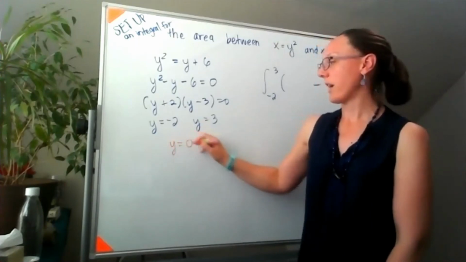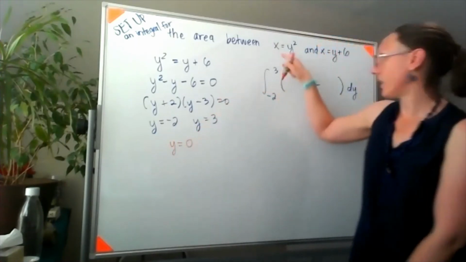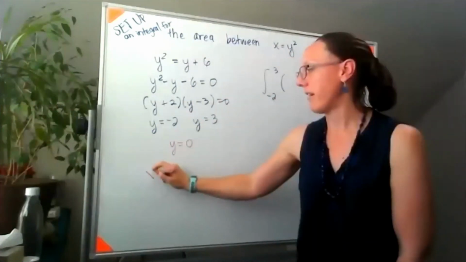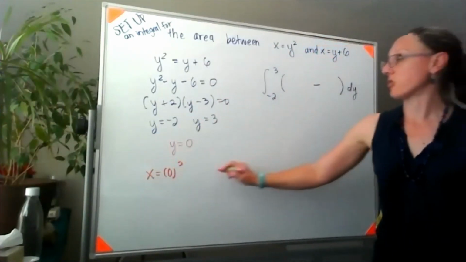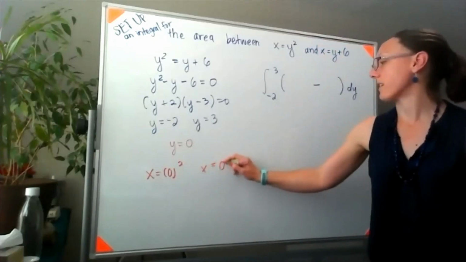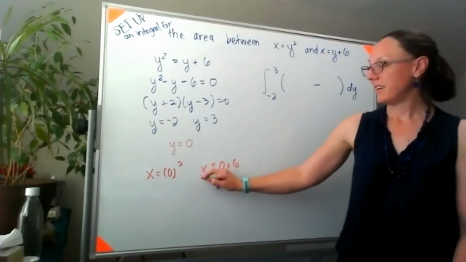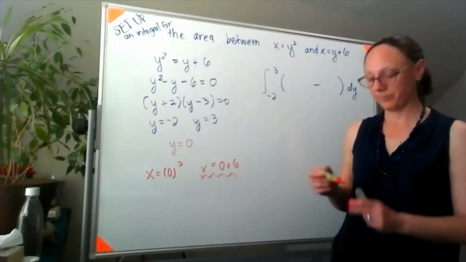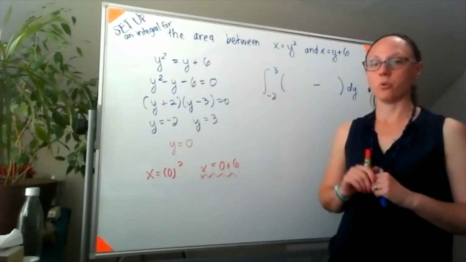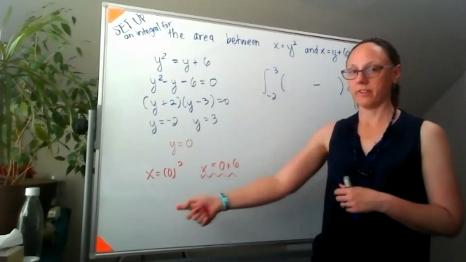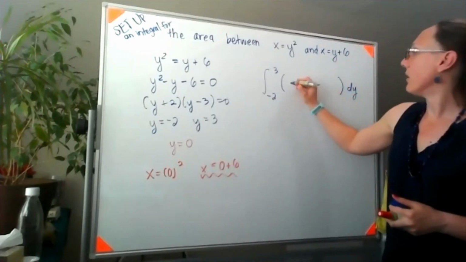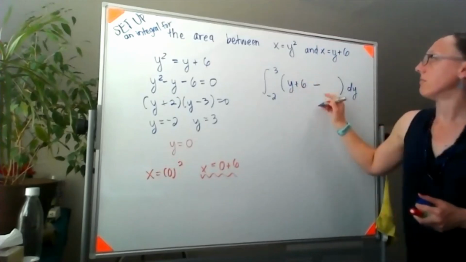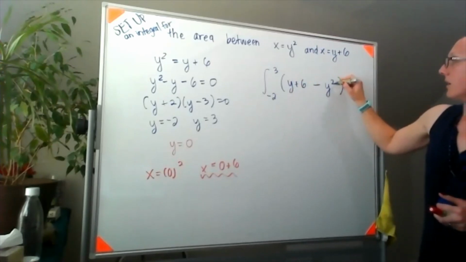So if I choose y equals 0, then this function, I'd have x equals 0 squared. Or for this function, I'll have x equals 0 plus 6. This is my larger value, which means it should be to the right of the other function. And I'm going to end up with y plus 6 minus y squared.